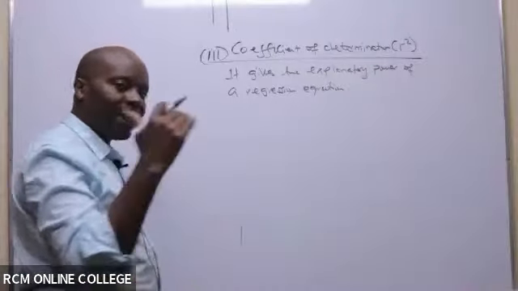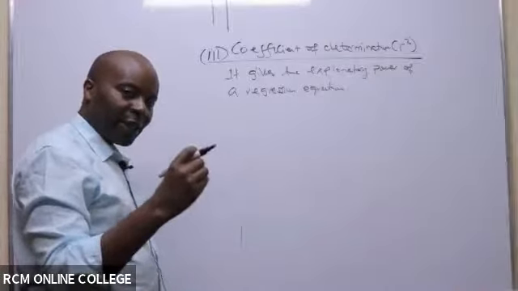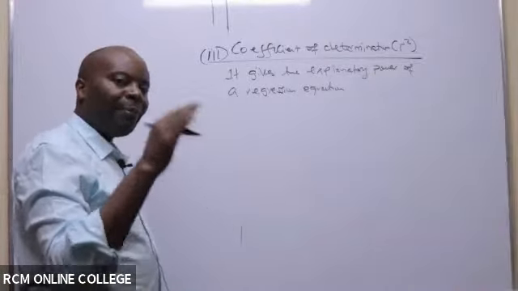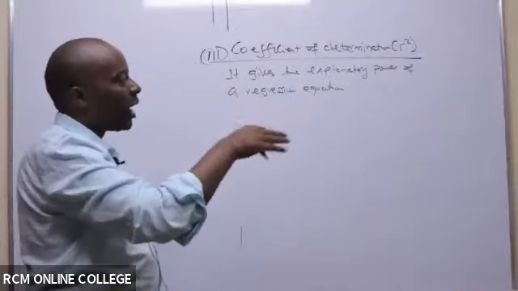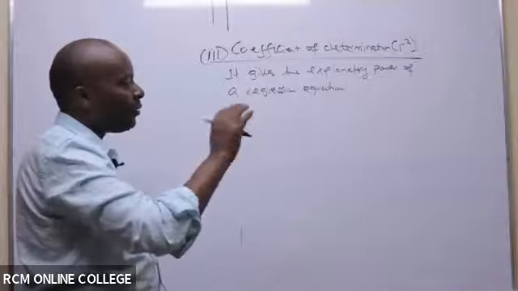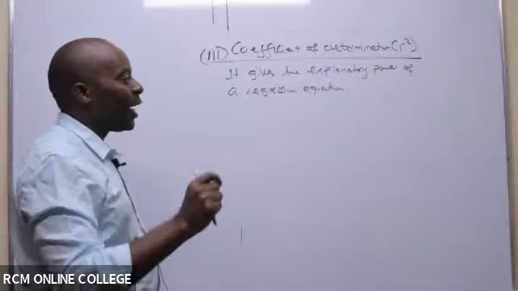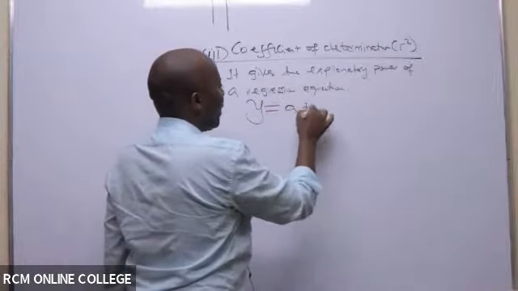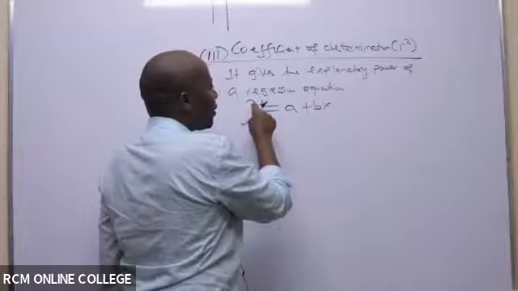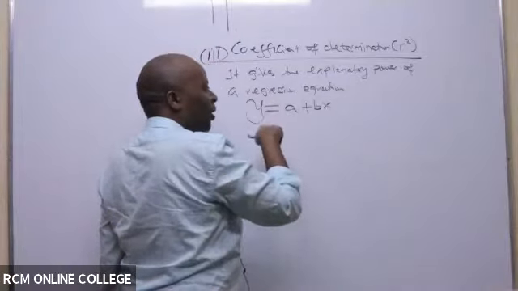Up to what percentage are we able to explain the dependent variable? Up to what level are we able to explain the changes in the dependent variable as a result of the independent variables that we have? If, for example, we have y equals a plus bx, as x changes, the dependent variable y changes.